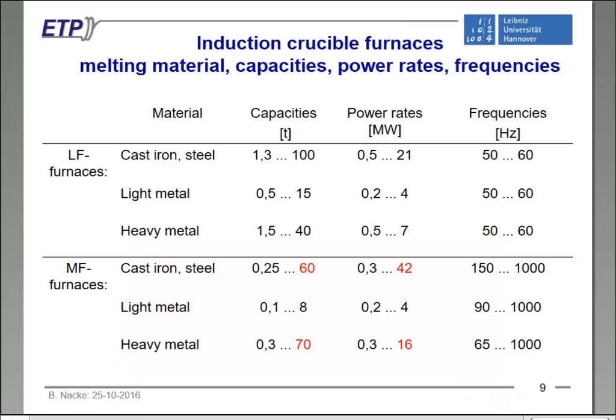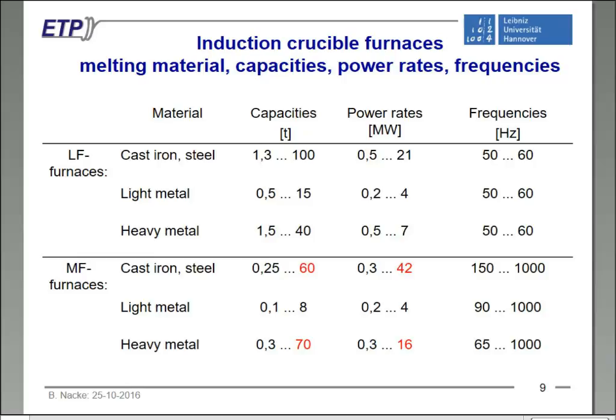So this table shows an overview about the capacities, power ratings, and frequencies of induction crucible furnaces for different applications, different materials. The first part are the line frequency furnaces. They are belonging more to the past, of course. The maximum capacities for cast iron or steel that was built was roughly 100 tons, and the maximum power was 21 megawatts.